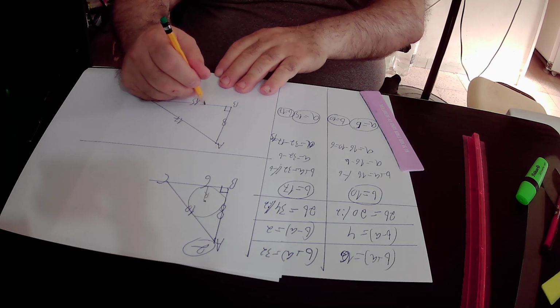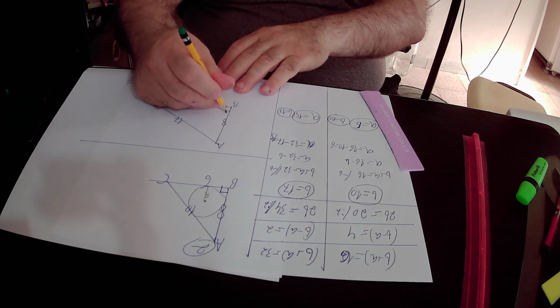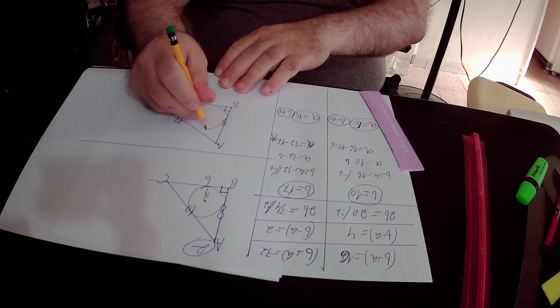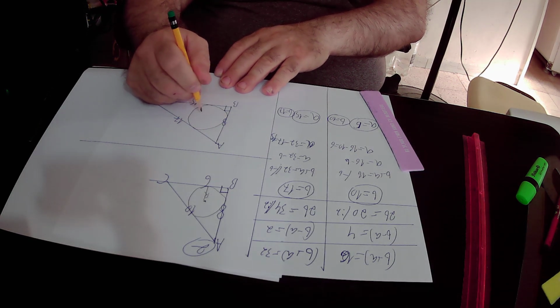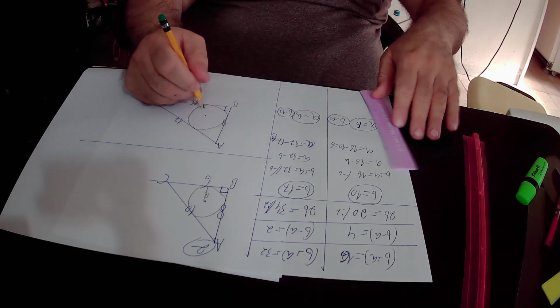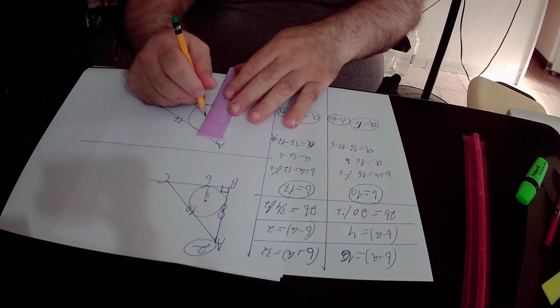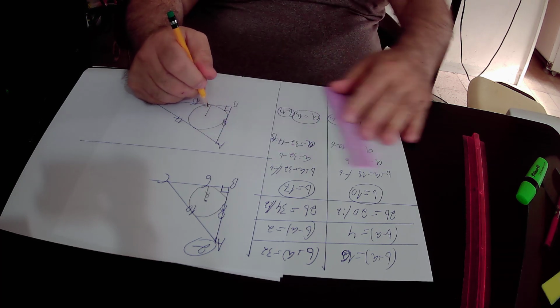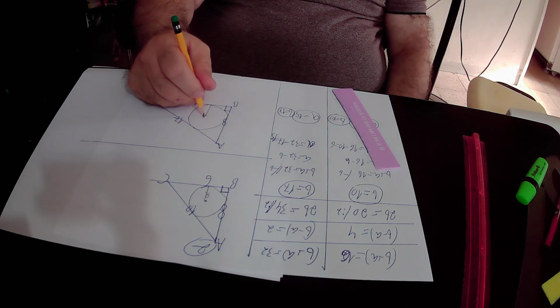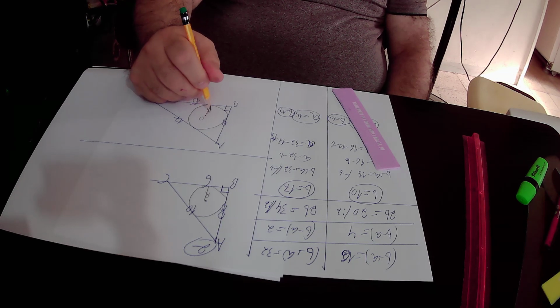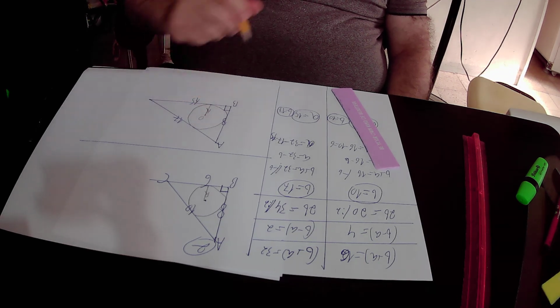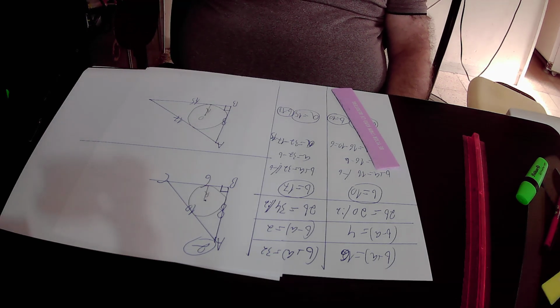We are looking for the radius of this circle that is described by triangle ABC, and that is equal to capital R. Okay?